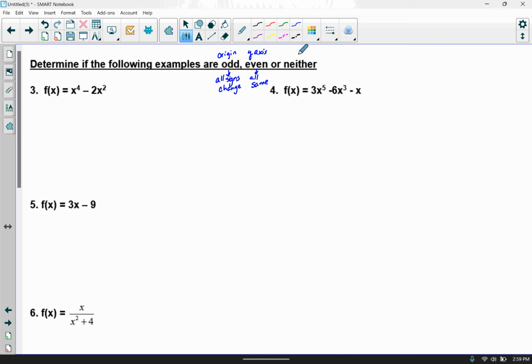Neither, there's no symmetry, and I would just call it a mixture of sign changes. Okay. All right, so now let's come down here to number 3. You always find f of negative x. Everywhere you see an x, plug in negative x.